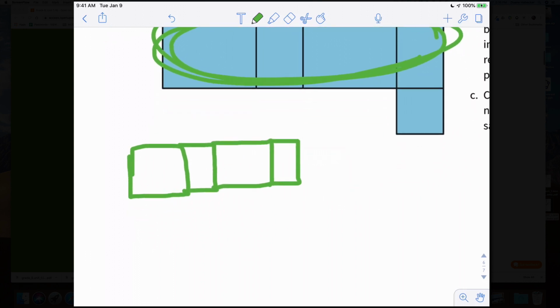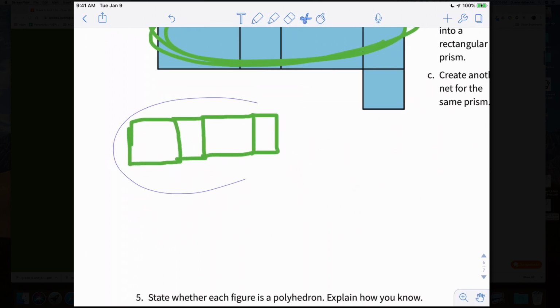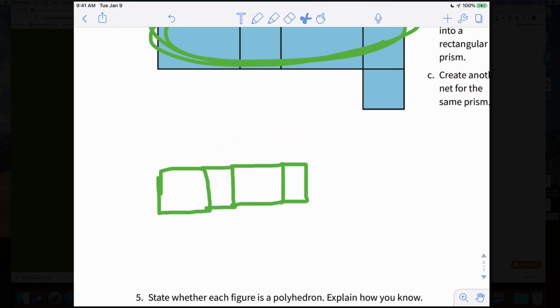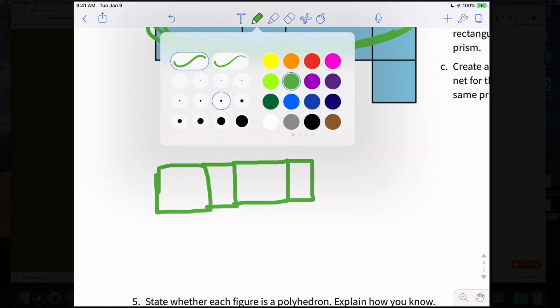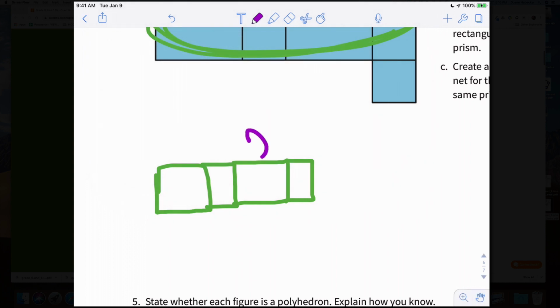So let's use a little bit of logic. I'm going to move this down a little bit. We know that when this folds up, it's got to line up. So that's how far it's got to go up. Same thing on this side.